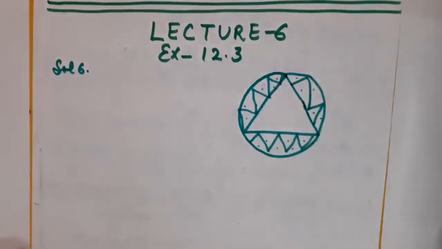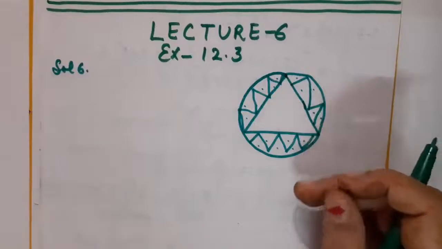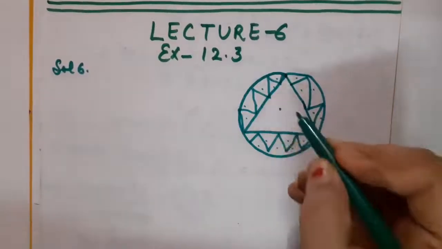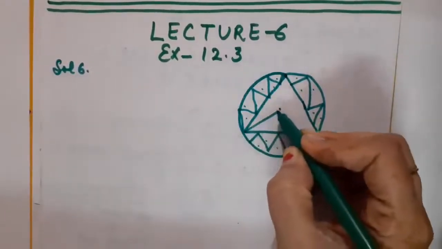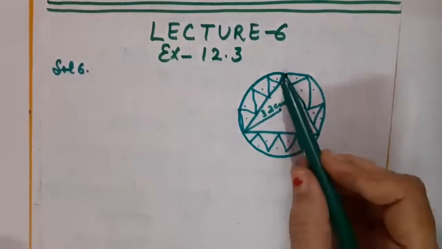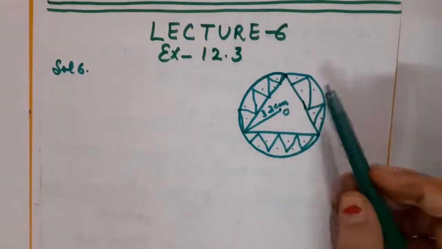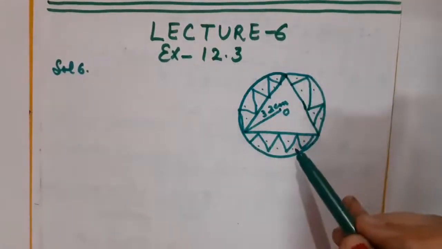Here children, you can observe that there is a circle whose radius is 32 centimeter, given to us, and one equilateral triangle is made inside the circle. Fine, and we are supposed to calculate the area of this design.